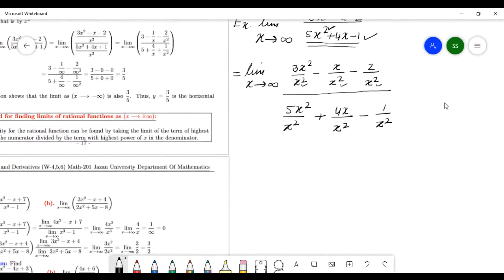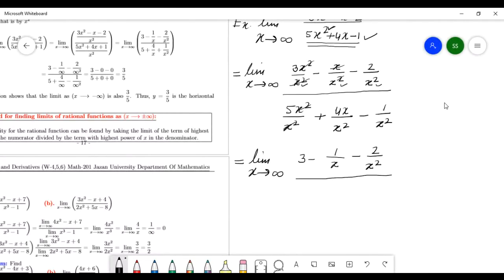Is equal to, over here, limit x goes to infinity. x square cancels, here also cancels. Okay, so this is my 3. Here 1x and 2x: x over x square, one x cancels, so 1 minus 1 by x, and here 2 divided by x square.